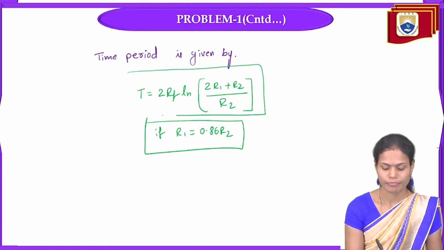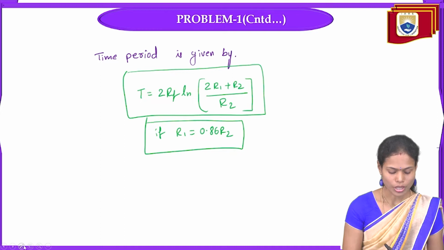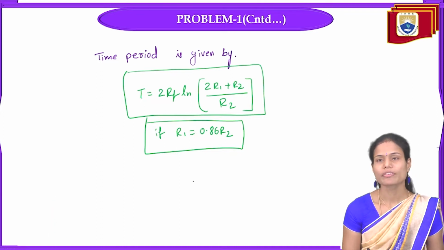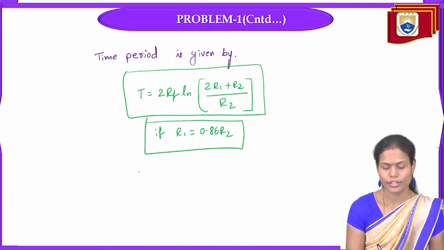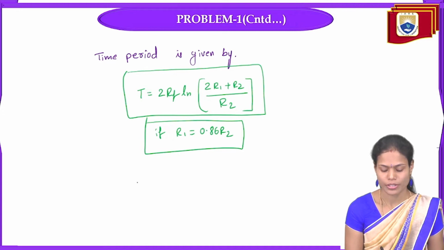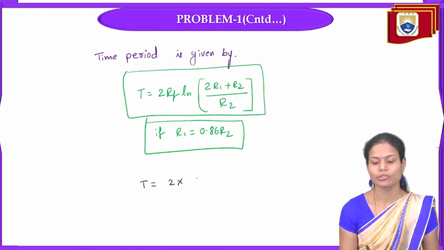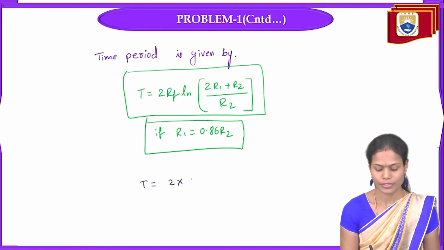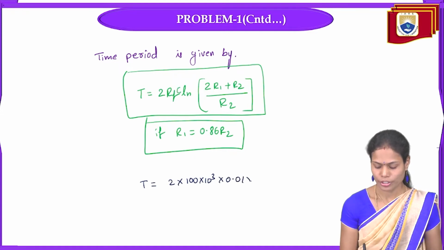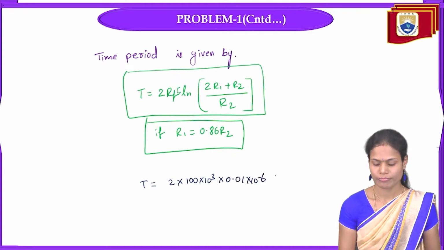Now we will substitute the values in this time period to find the frequency of oscillation. T equal to 2 into RF, here 100 kilo ohms, that is 100 into 10 power 3, ln of (2 into 0.86 R2 plus R2, I am keeping R2 as it is) divided by R2, multiplied by the capacitance 0.01 into 10 power minus 6.